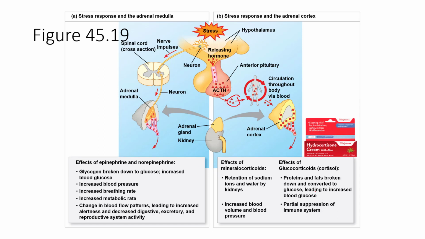Of course, chronic stress could be a problem, leading to repression of the immune system when you don't want it to be repressed. But hydrocortisone cream is used to reduce inflammation for that very reason. It's that same basic chemical that is released from your adrenal cortex.